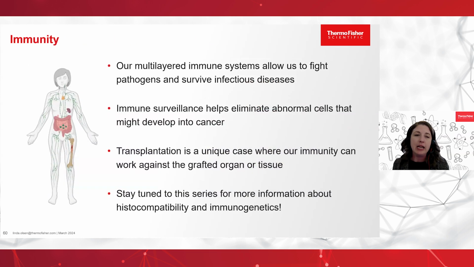So, our multi-layered immune systems allow us to fight pathogens and survive infectious diseases. Immune surveillance helps eliminate abnormal cells that might develop into cancer. Transplantation is a unique case where our immunity can work against the grafted organ or tissue.